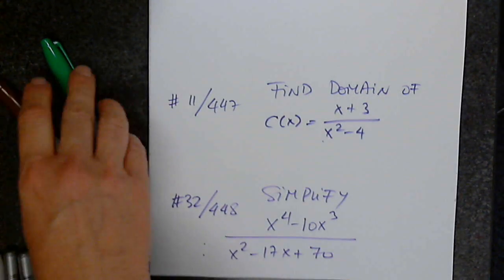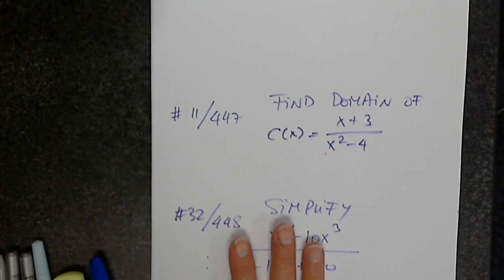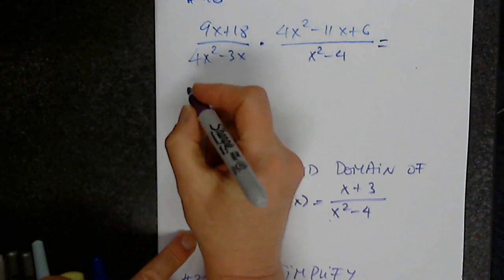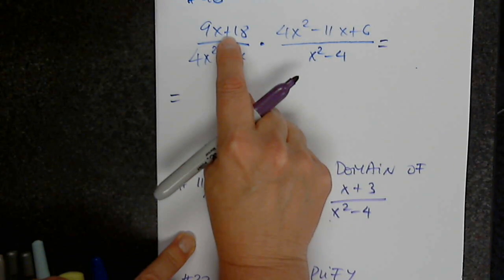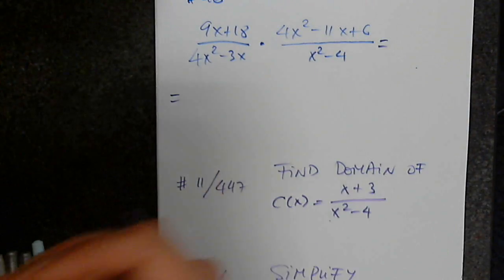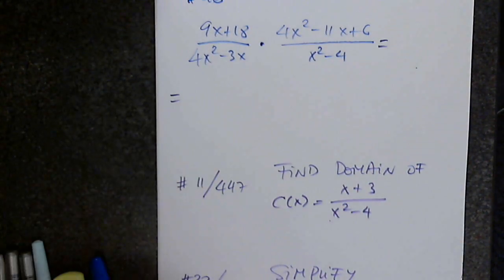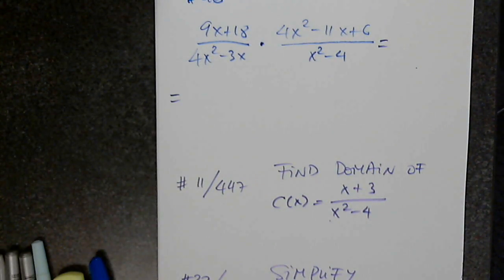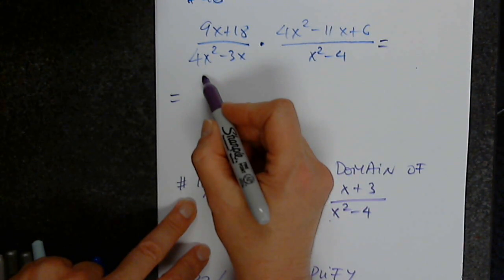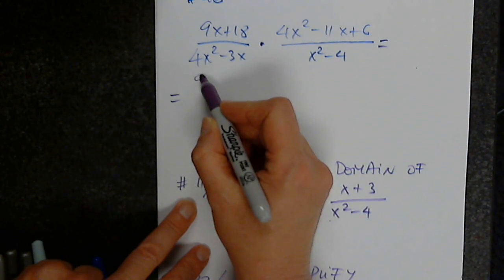How do we start the first one? Good. The numerator? All of them. They're multiplied. If it's multiplied, I have to factor everything. So what about 9x plus 18? 9.